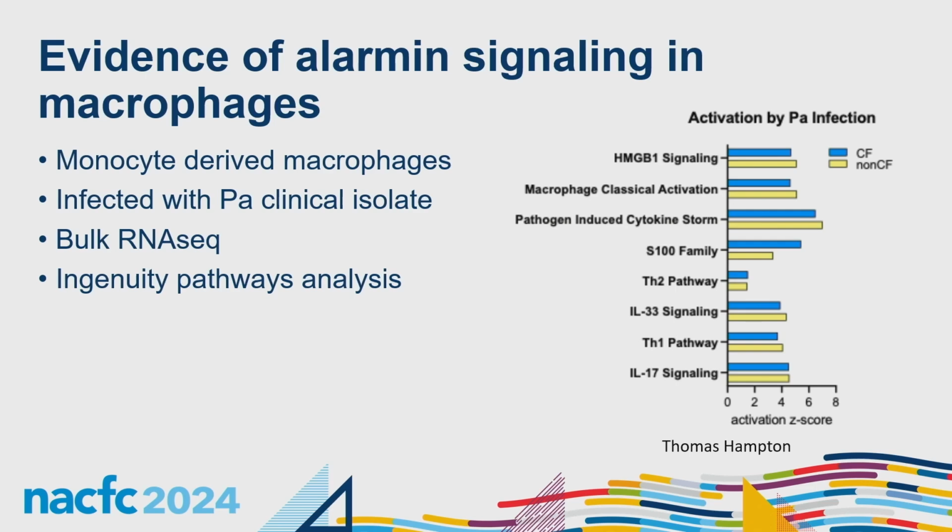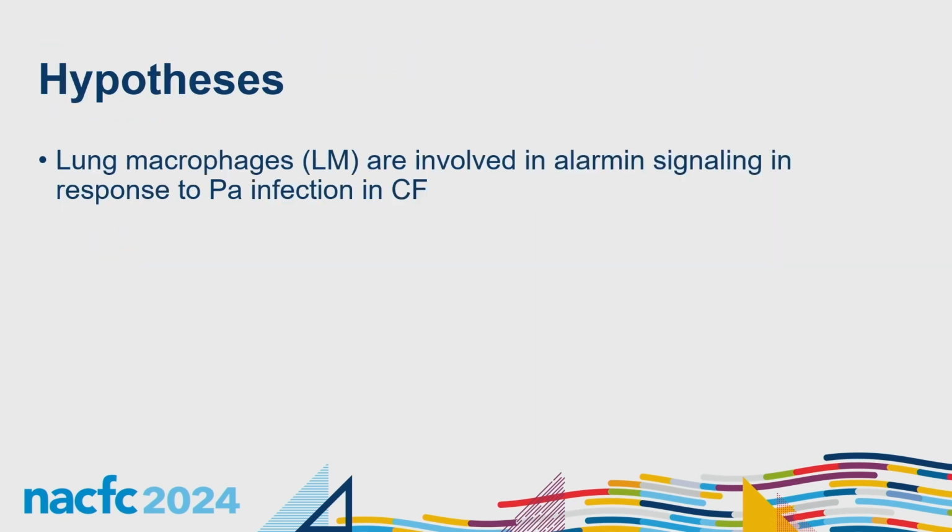We found that in addition to some of the more classical inflammatory pathways that you see here, such as the classical activation and pathogen-induced cytokine storm pathways, we also saw upregulation of Th2, IL-33, and IL-17 pathways in both CF and non-CF macrophages when they were infected with Pseudomonas. So this led me to think maybe these alarmins are relevant in macrophage response to infection as well.